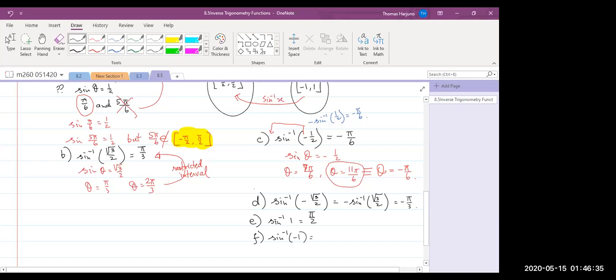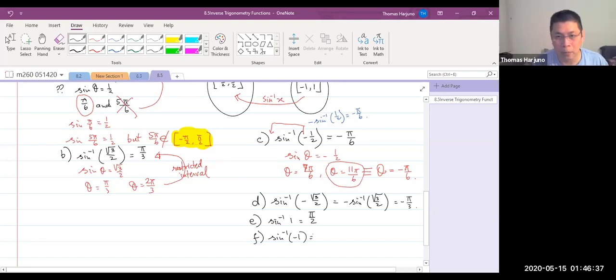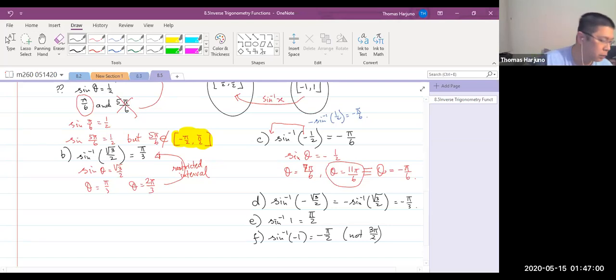Negative pi over 2, that's right. Negative pi over 2, not 3 pi over 2. Even though they are coterminal, it is not 3 pi over 2. It's negative pi over 2. Now that's about sine inverse. Of course, you have to memorize those special values to be able to do this type of problem better.